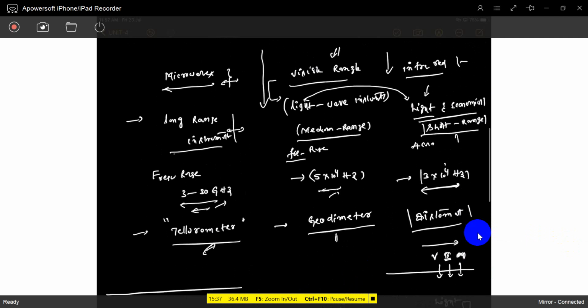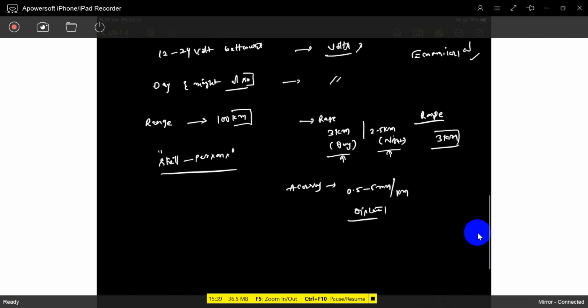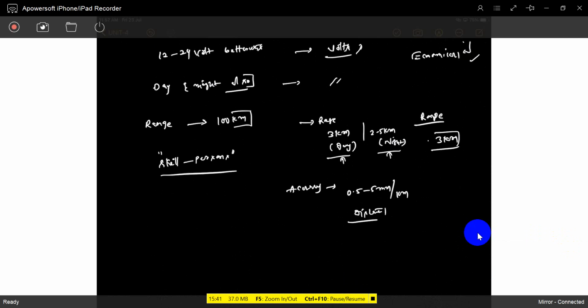I said it's a short range, but it has a range of 3 kilometers and less. Mostly we use 1 kilometer, 2 kilometers. Accuracy is plus or minus 10 mm per kilometer. It's not a range, it's the accuracy level.